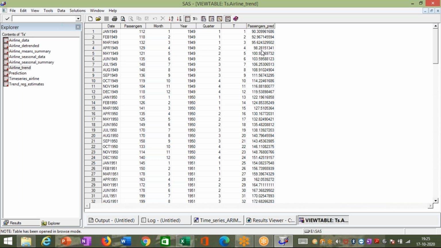So let's say, for example, over here I have 140, and over here I have 151. Now if I subtract this, it turns out to be negative. However, we cannot have a negative number of passengers.